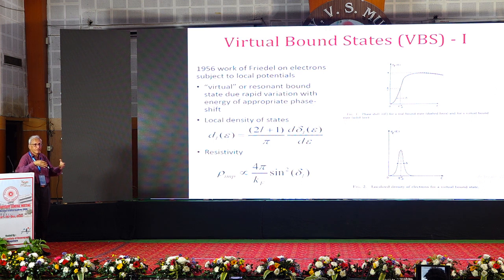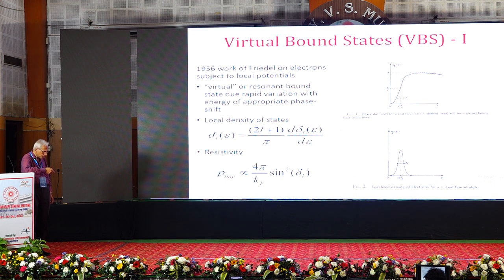They get scattered by this impurity and re-emerge as spherical waves, but with a phase shift, called delta. There is a different phase shift for different orbital angular momenta because of spherical symmetry. Friedel showed that the resistivity contributed by these impurities in a metal is proportional to the square of this phase shift.